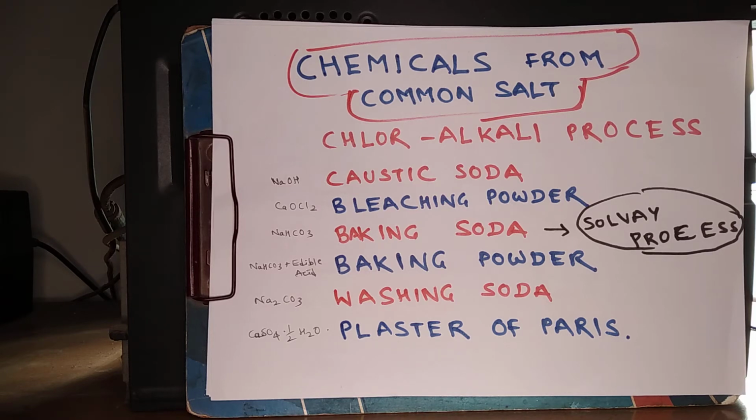Then we'll learn about caustic soda, that is NaOH, bleaching powder CaOCl2, baking soda, that is NaHCO3 or sodium bicarbonate, baking powder, that is sodium bicarbonate plus some edible acid, washing soda, that is sodium carbonate, and plaster of Paris.